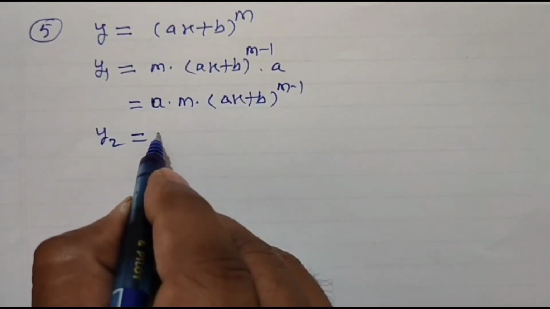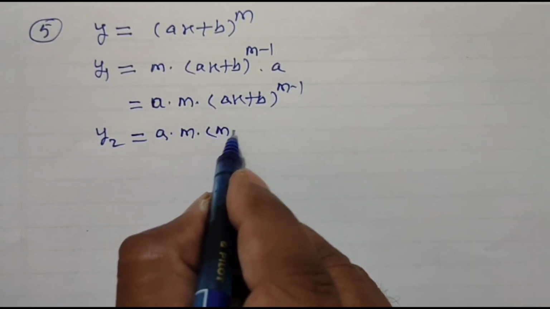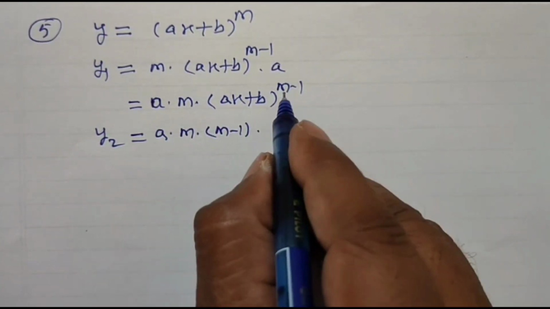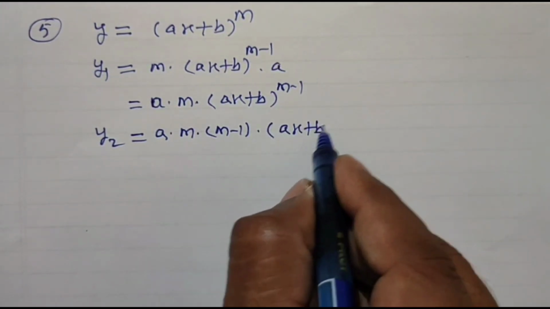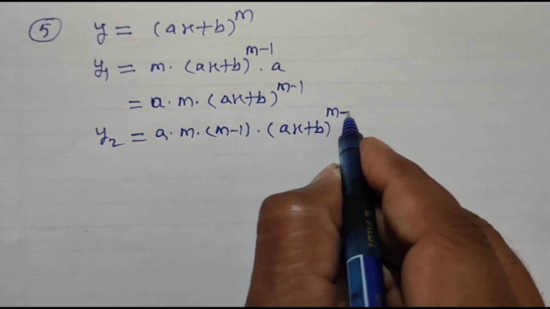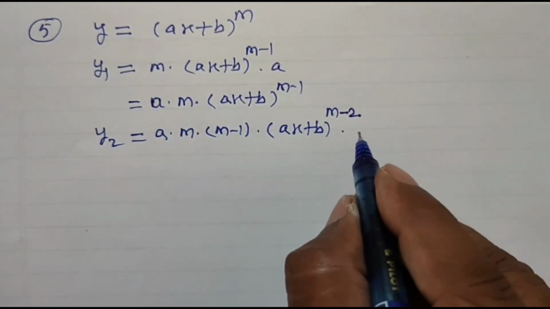y2 is equal to a into m into, the power becomes the multiplier, m minus 1, and the power reduces by 1, so (ax + b) to the power m minus 2, into the derivative of (ax + b) with respect to x, that is a.